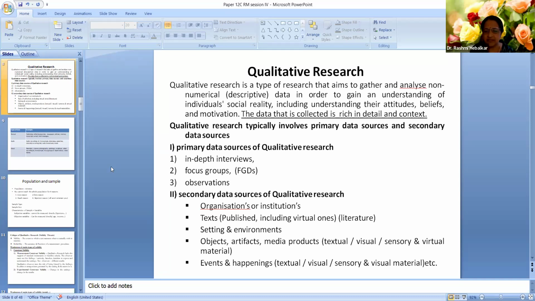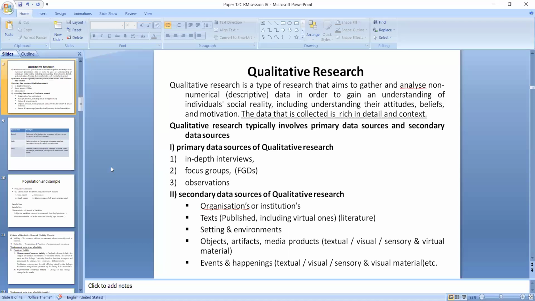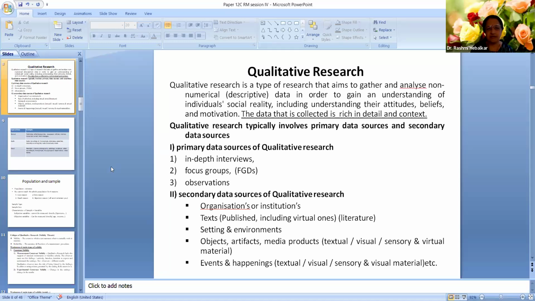Okay. Recently, I'm doing one research. OD. Have you studied OD? Subject OD? Do you have this subject? Yes, ma'am. Organization development. Yes. So I have taught this subject also at ISTD, a diploma. I'm doing one OD project for an organization at Goa.